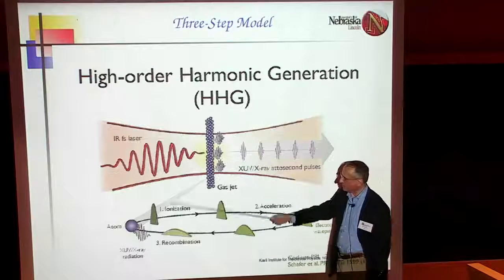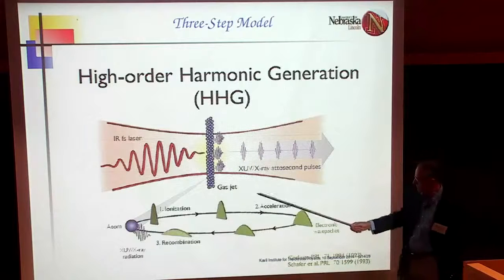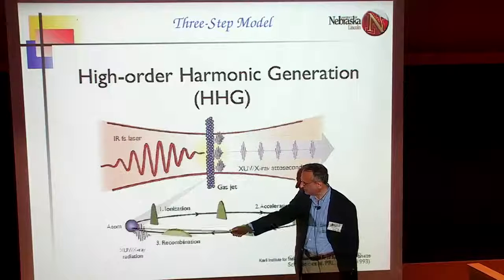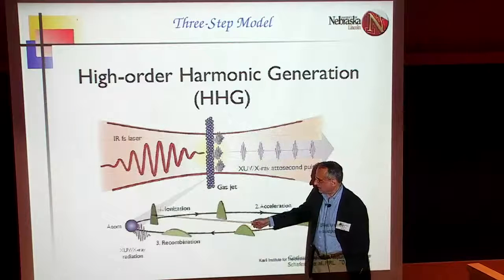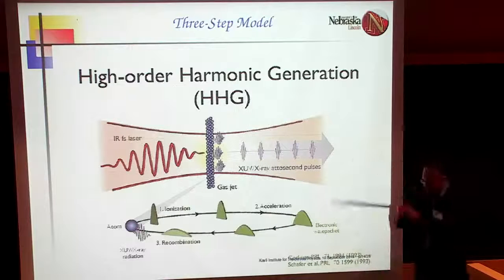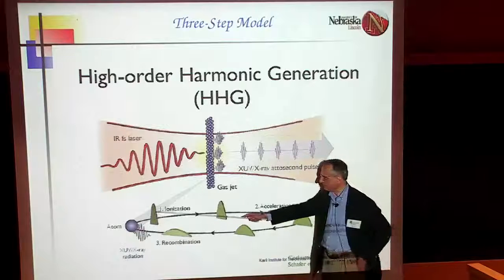A key understanding of this process was something called the three-step model, in which you have an atom, you have a driving laser field, you ionize an electron. And of course, on a quantum level, electrons are wave packets, we call them. They're distributed in space.